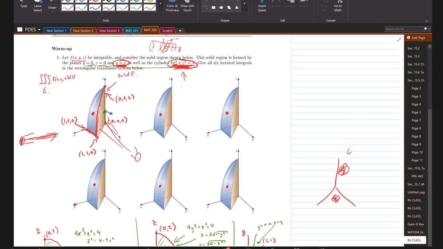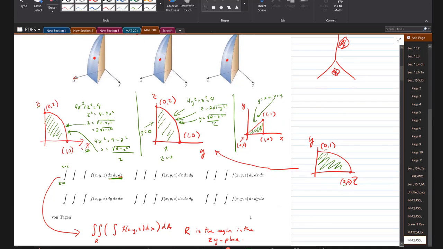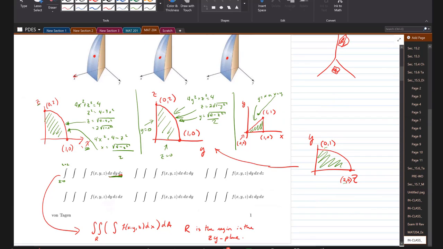Well, what can my y values range from? Here's where having this trace plane is going to be helpful, because the z values could run anywhere between 0 and 2. So here we had z running up like this between 0 and 2, and then we run out some y value until when, folks? These y values can run all the way out until I hit this curve right here.